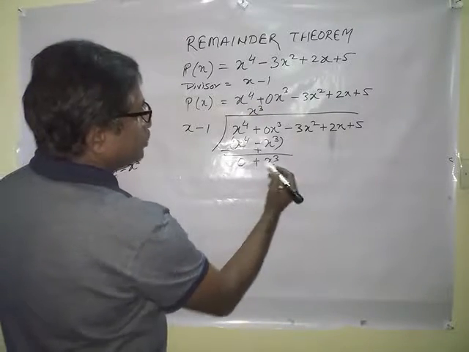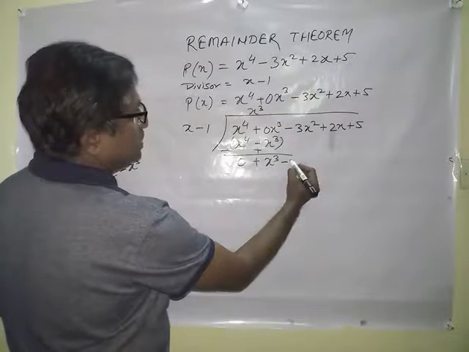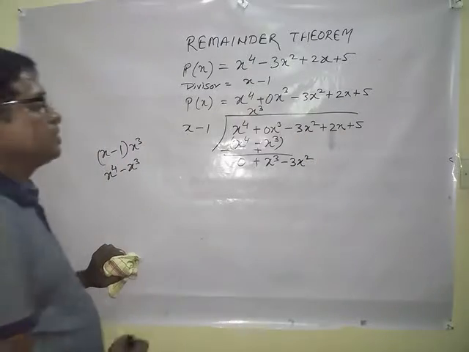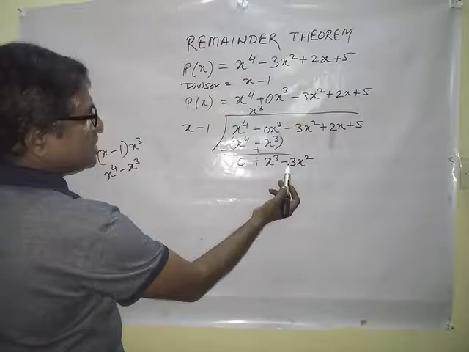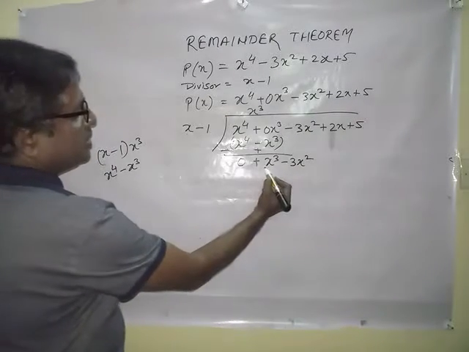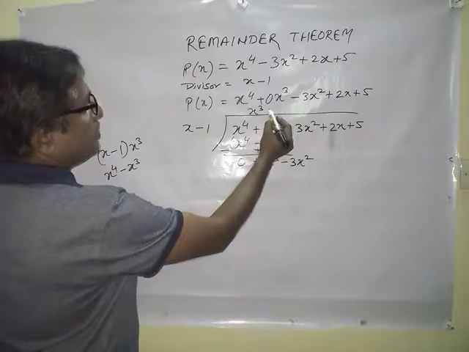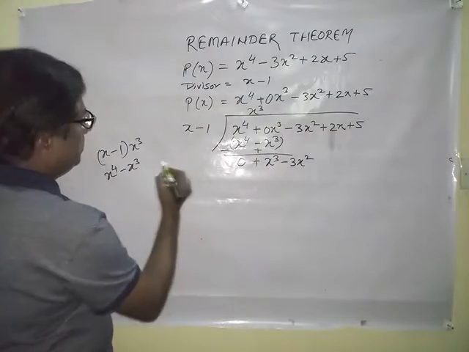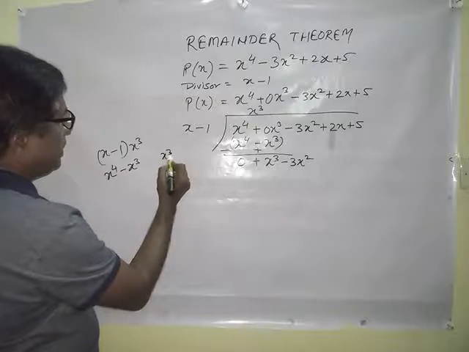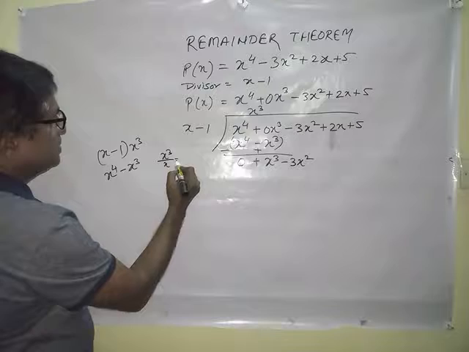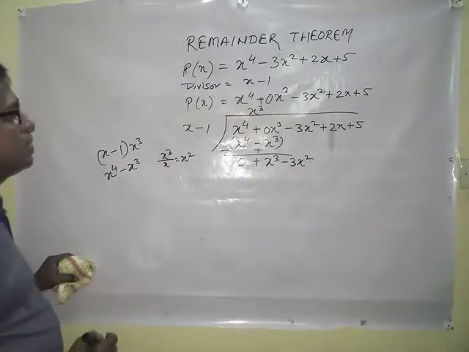Now you will take out the second term as you are doing in the normal equation. What will be the next term of the quotient? x cube divided by the first term of the divisor x is equal to x square.